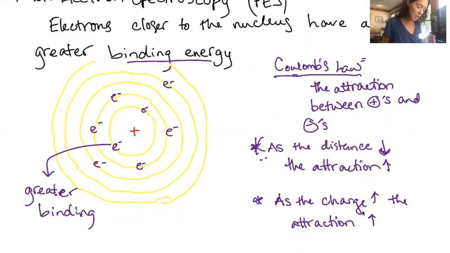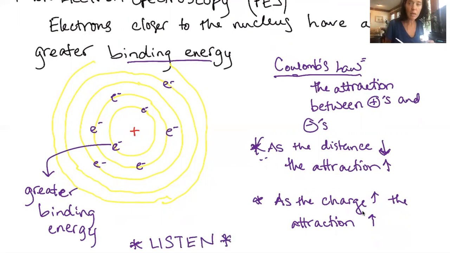Now, I want you to listen to what Miss Murphy said. I said that the closer electron will have a greater binding energy, and then I explained why. Listen to Miss Murphy, because you are going to have to explain the same things to the people reading your AP Chem exam.